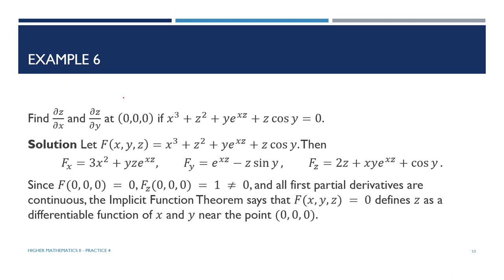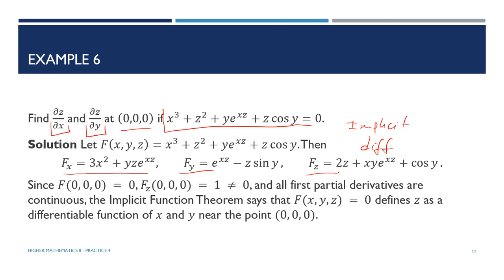In example 6, it asks me to find the partial derivative of z with respect to x and the partial derivative of z with respect to y, and of course calculate their value at the point 0, 0, 0. The function is given in this form, so we'll again need to calculate this using implicit differentiation. In order to do this, we'll first need the partial derivative of the given function with respect to x, with respect to y, and of course with respect to z.